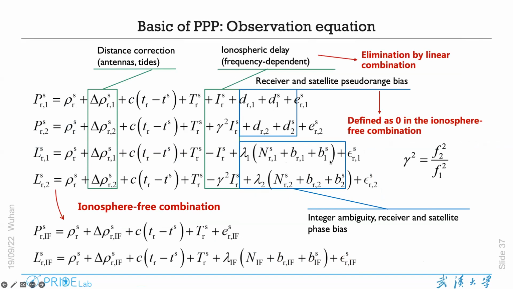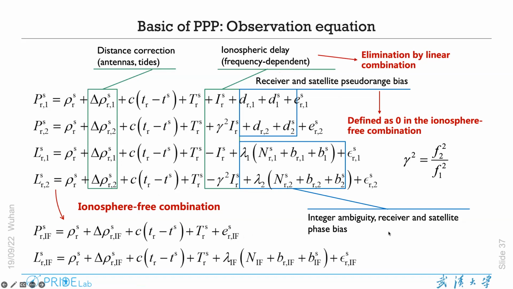The code bias and phase bias products are very critical to the identification of integer ambiguities. So these four equations are going to be combined and transformed into two equations like this, to form two ionosphere-free combination observations based on pseudo-range and carrier phase measurements.